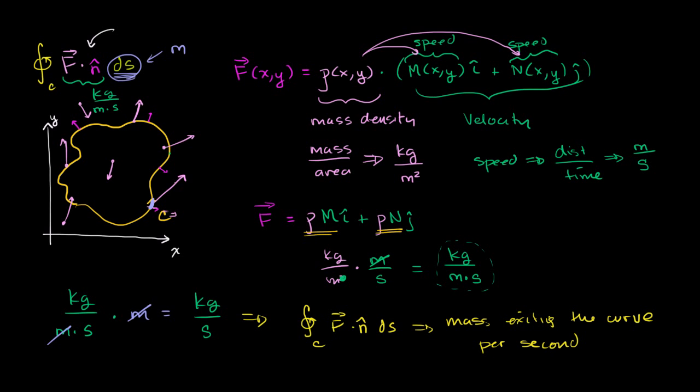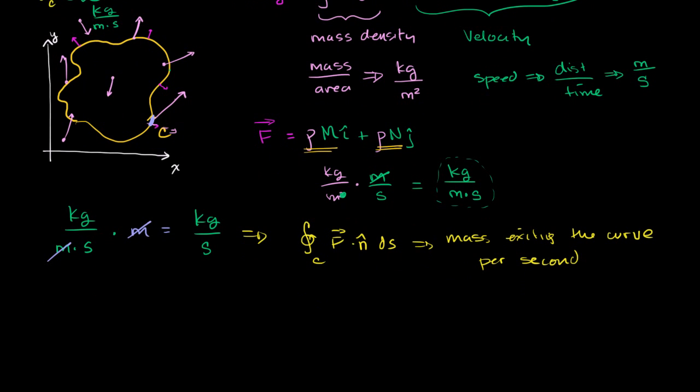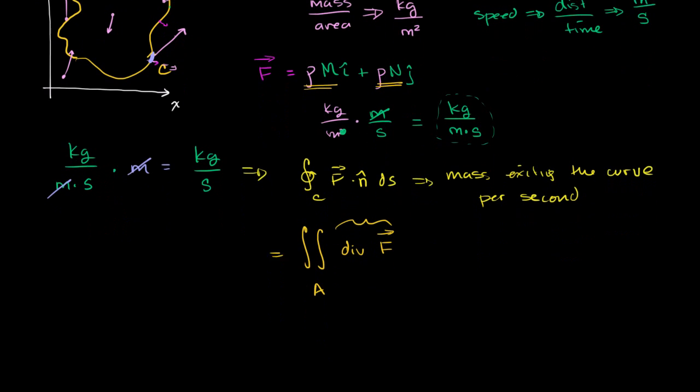And this should also be consistent. In the last video, we saw that this is equivalent to, and this is where we view it as a two-dimensional divergence theorem, the double integral over the area of the divergence of f. Let me write it down here so I have some space.